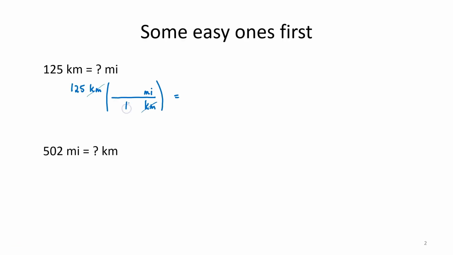So 1 kilometer equals 0.62137 miles. Anytime you use a conversion factor, when you write this ratio this way, you are saying that 1 kilometer equals 0.62137 miles.